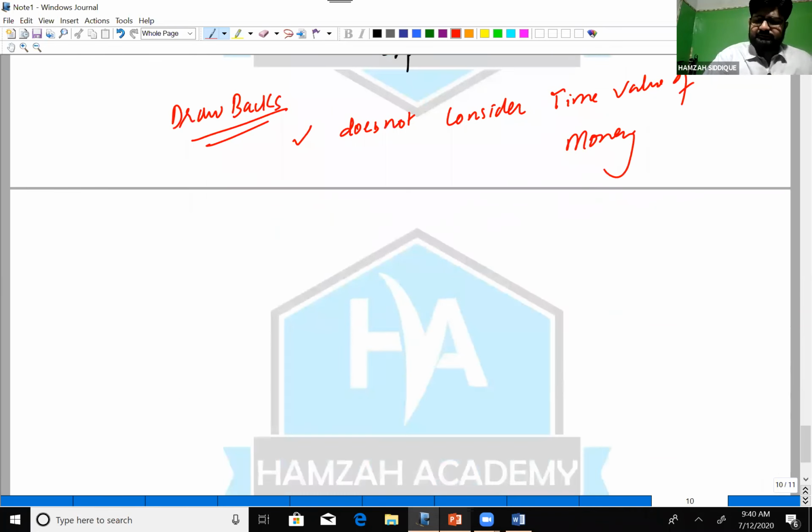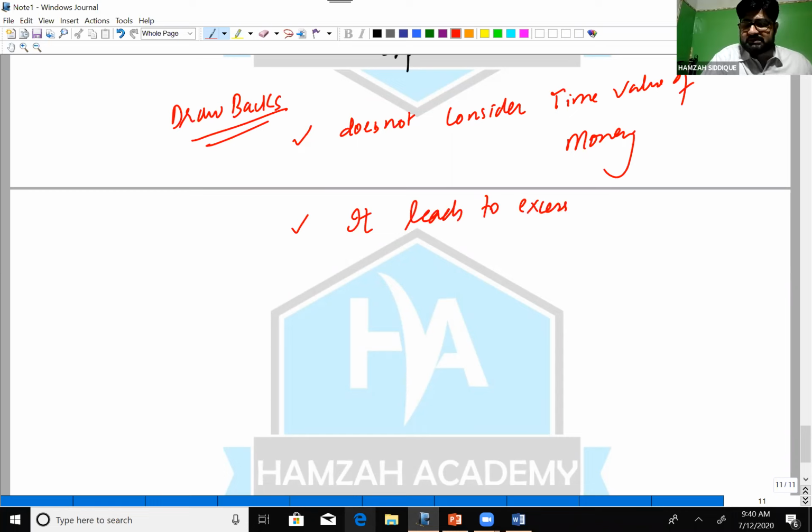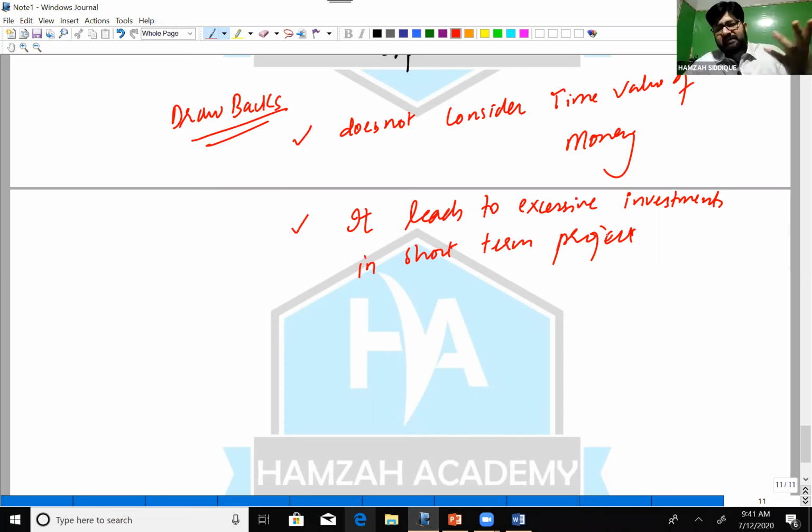Secondly, it leads to excessive investment in short-term projects, because with payback we say smaller payback, accept it.